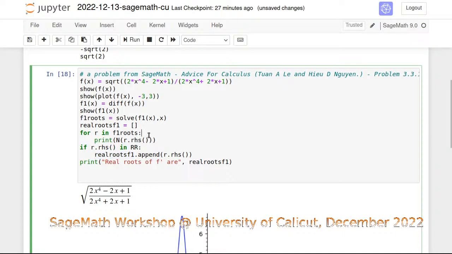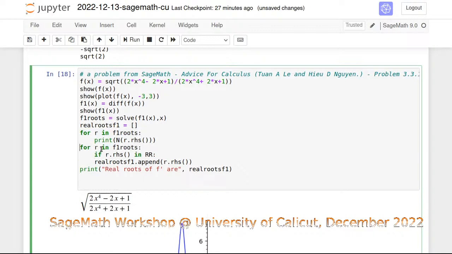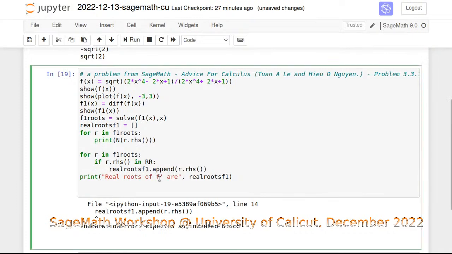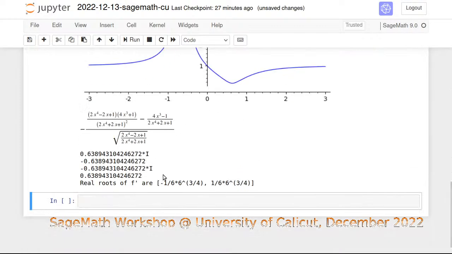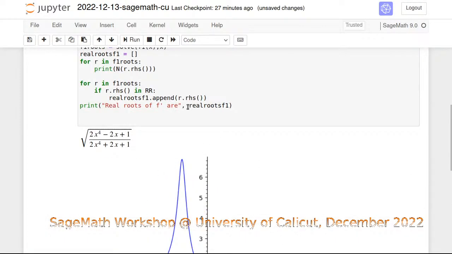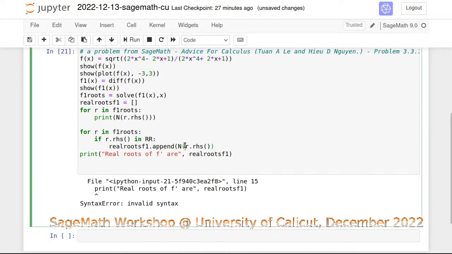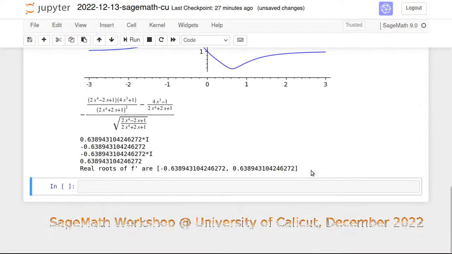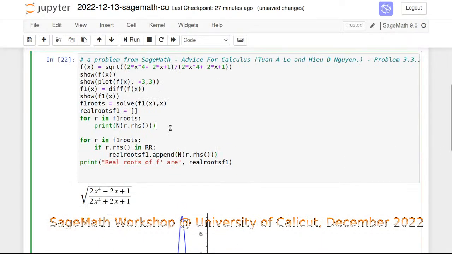Oh, sorry. We have not looped. We should have gone through all the roots again. Yeah, this is what we have to do. Real roots are these two. Now if we want the numerical approximation, then we can do that approximation here itself. If you want the actual number, the two real roots are here. Okay, let me update the Google document with all these.